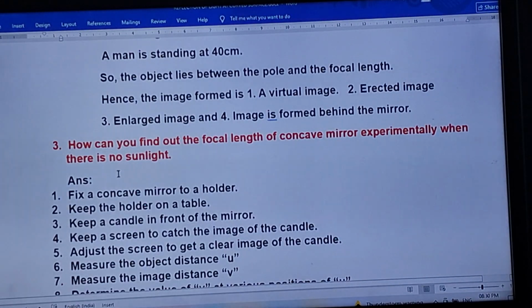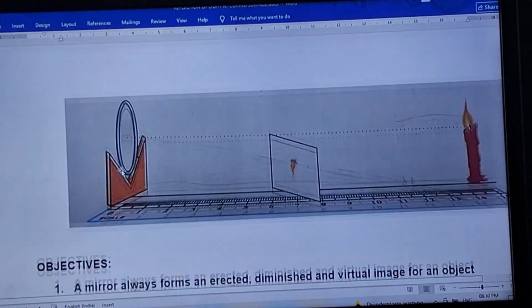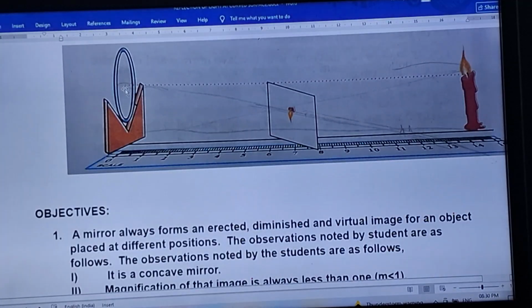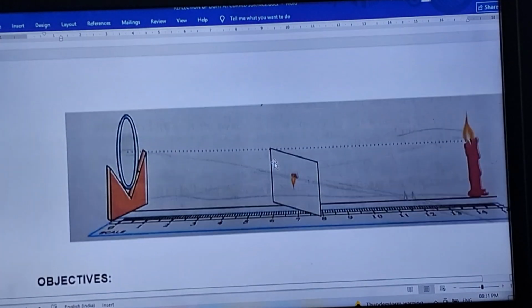Materials required: a concave mirror, a V-shaped stand, a candle, a screen, and a scale. And of course, all this should be kept on a paper sheet so that you can note the values very clearly. So these are all the requirements.